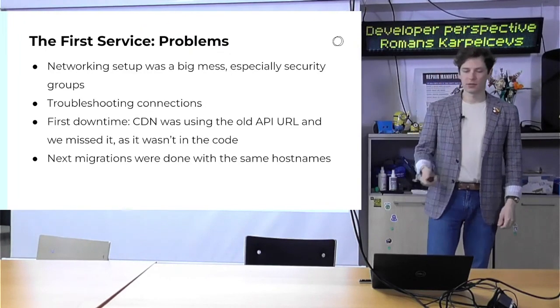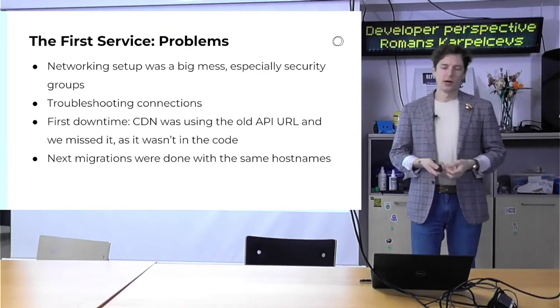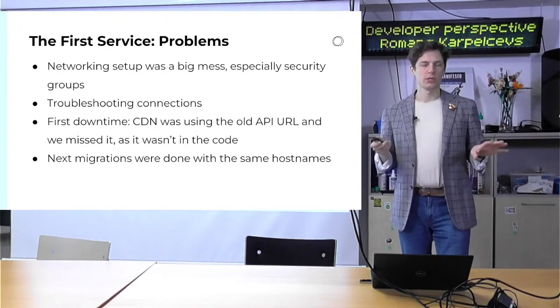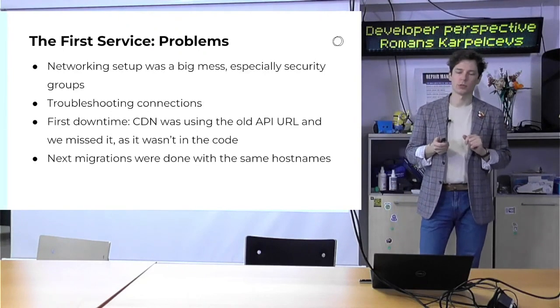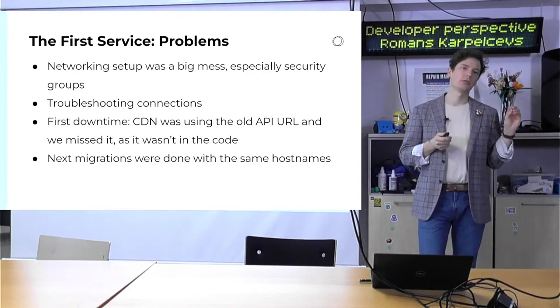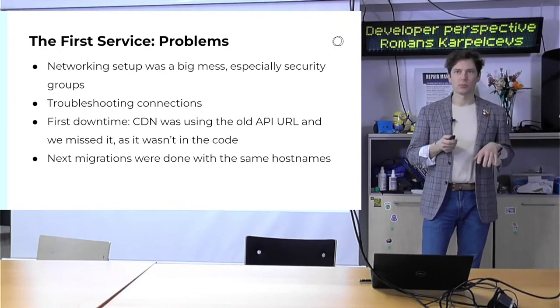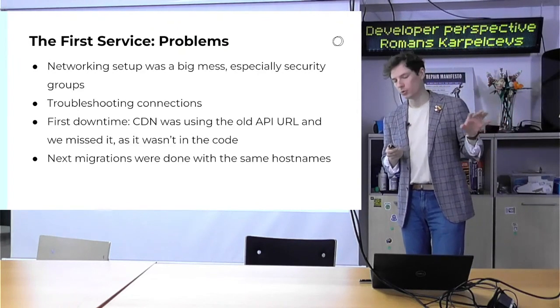The thing that we took from there was that from that point on, we migrated only using the same hostnames. It was actually pretty convenient that when Kubernetes provisioned DNS for a particular hostname, it was not taking priority over stuff that was set up manually some time ago in AWS.